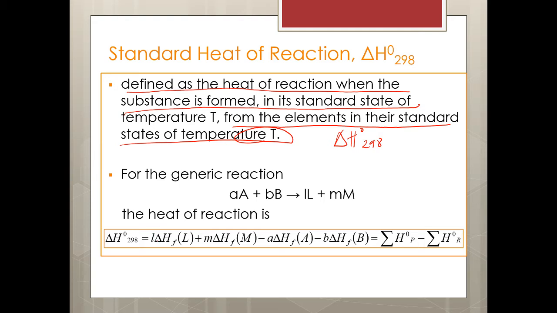Diba yung number of moles times the heat of formation of L plus number of moles ng product na M times heat of formation ng M, minus, so ito ay product minus yung sa reactants: number of moles times heat of formation ng A minus number of moles ng reactant na B times heat of formation ng B. Or, in other words, the summation of the heat of formation of the products minus the summation of the heat of formation of the reactants.